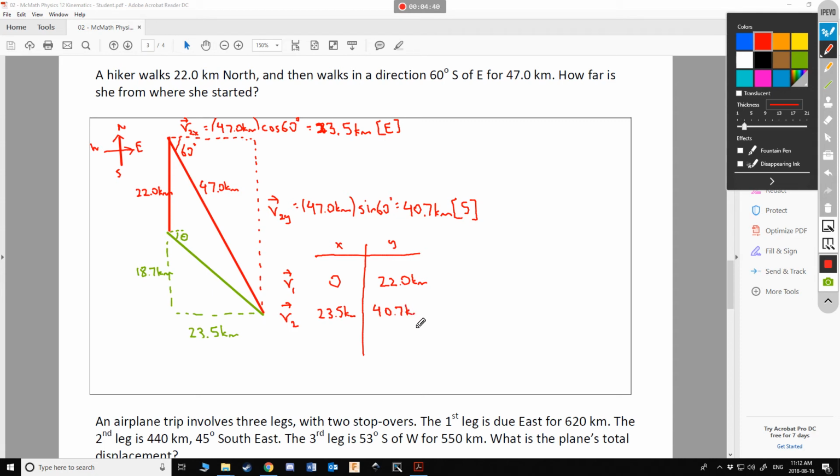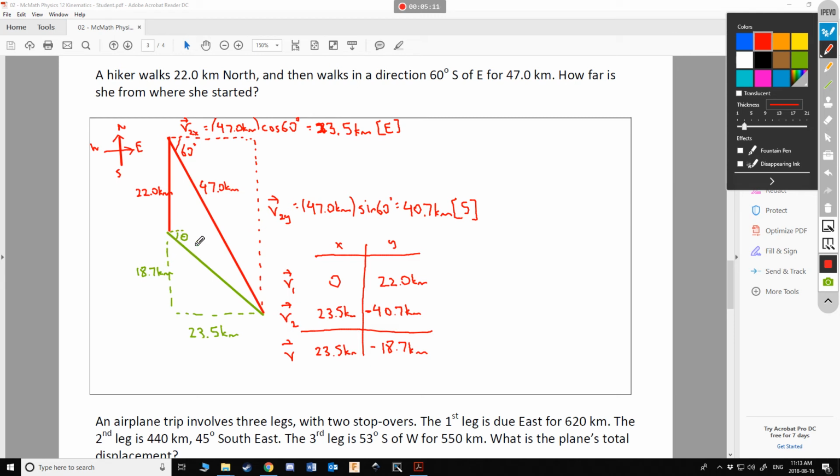But because this one is going down, I'm going to put a negative in front. Now we can see the resultant: 23.5 kilometers in the east direction, and 22 plus negative 40.7 comes up to be negative 18.7 kilometers. So it's purely using numbers. This is more of a diagram method. Both work, just what do you prefer?